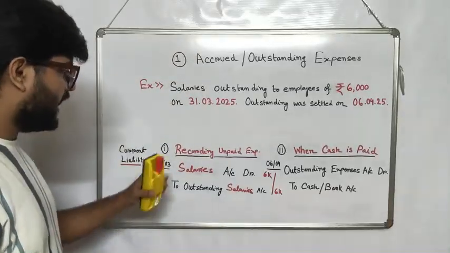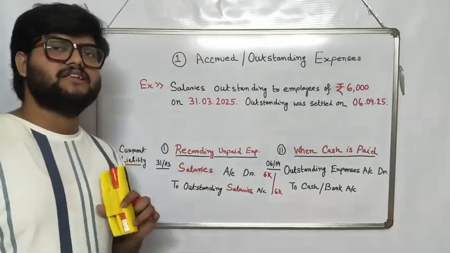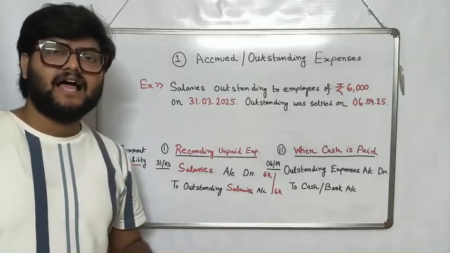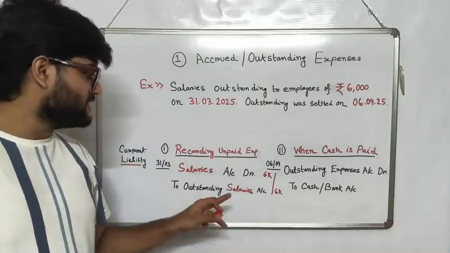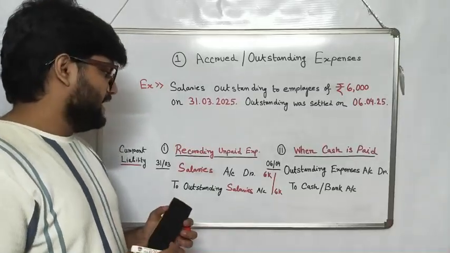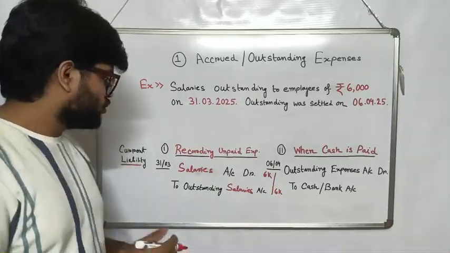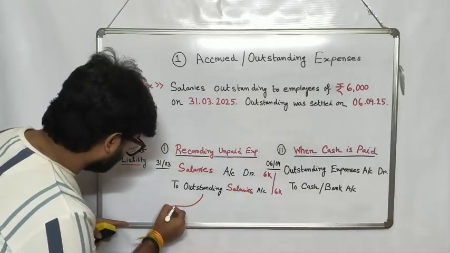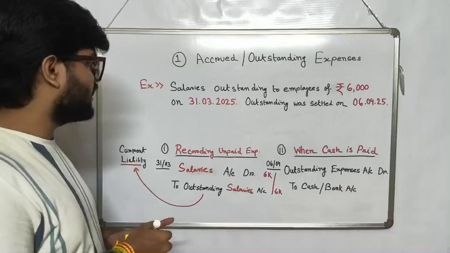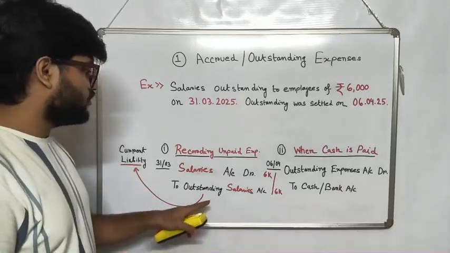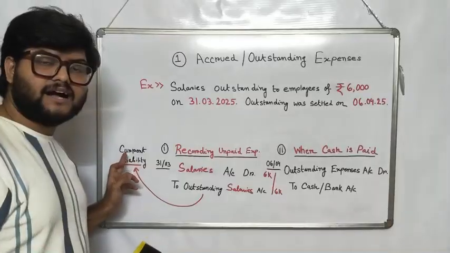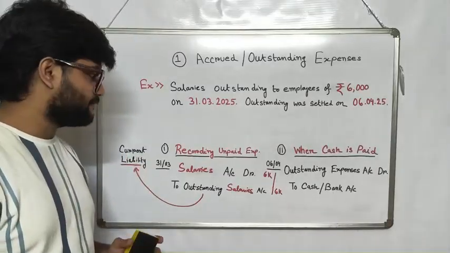Now at the end of the financial year, we have created outstanding salaries, that is a liability to the business because the business has to pay it, but it hasn't paid so far, so it will be shifted to the current liabilities. So as of 31st of March, the outstanding salaries will be treated as the current liability of the business.